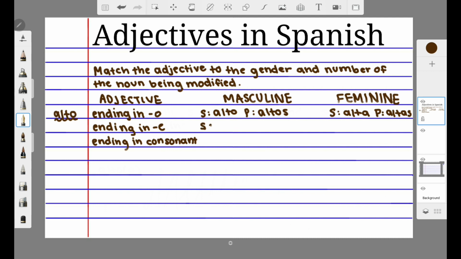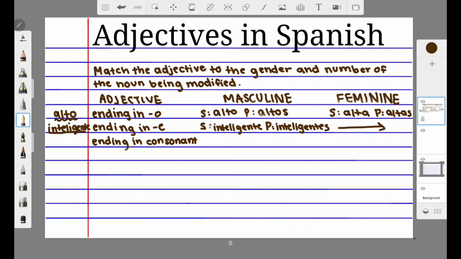Alright, so in the same way, when it's ending in E, we have a singular and plural for both masculine and feminine. So for example, let's take the word inteligente, which is a cognate, so that means it does mean intelligent.